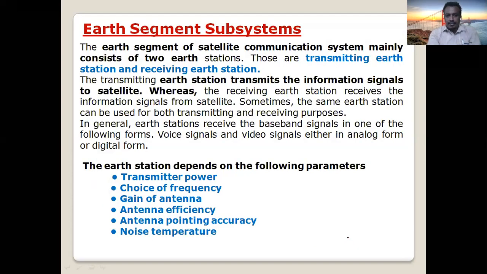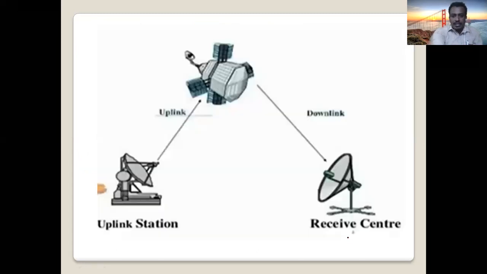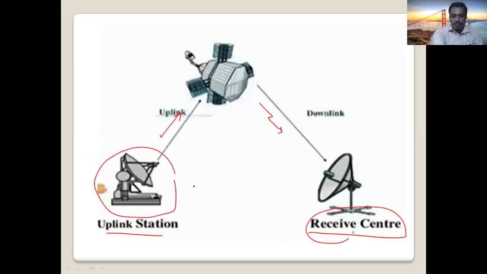So the Earth segment of a satellite communication system, as we have discussed, mainly consists of two Earth stations. One for transmitting purposes, one for receiving purposes. So this is the transmitting Earth station, ES.